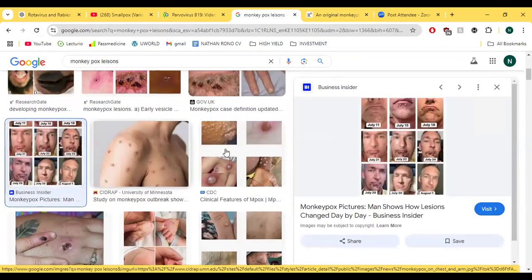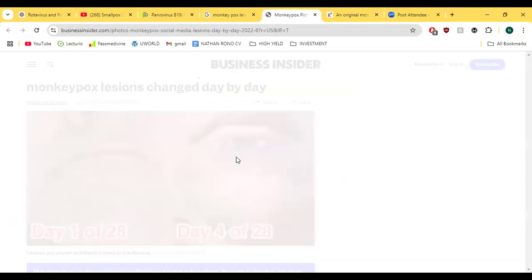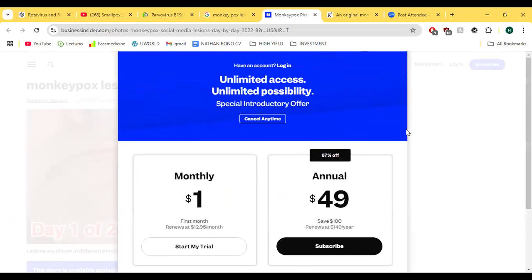You can see in this hand, look at this progression. This is in a neonate. So if they bring this, you're going to know it's monkeypox.